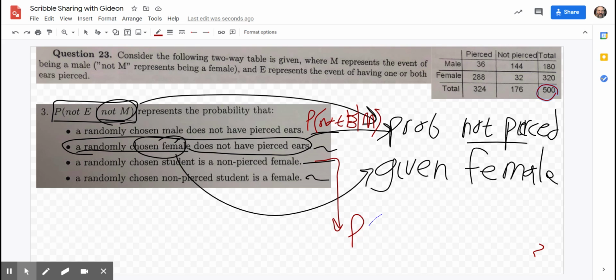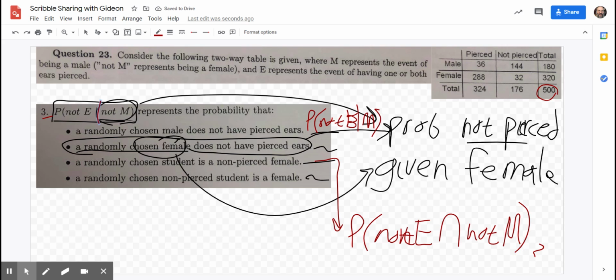Just what's the probability of not E, and, which is the intersection symbol, female, not M. That's the intersection of the two. Remember, number 3 is about the conditional probability, not the intersection.